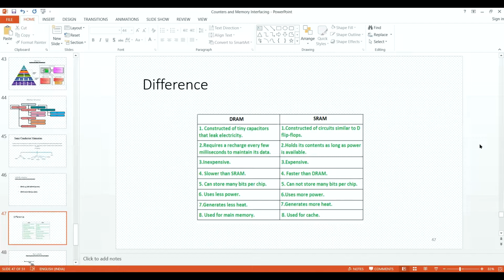One of the students asked me the question, sir, is SRAM good or is DRAM good? Here is the difference between SRAM and DRAM. DRAM is inexpensive, but SRAM is very expensive because it has to hold a certain amount of data for a certain amount of time.